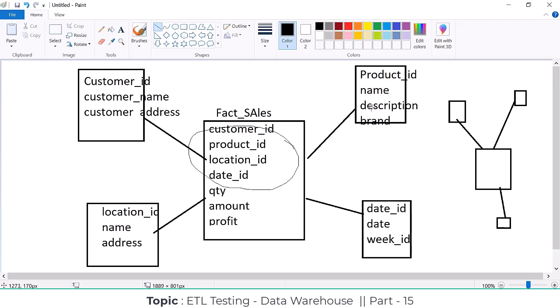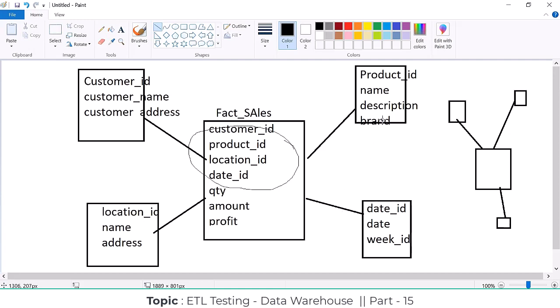Automatically the table size is going to increase day to day, especially if you are maintaining the historical data. Because of the huge amount of data we are getting, automatically the performance is going to decrease.